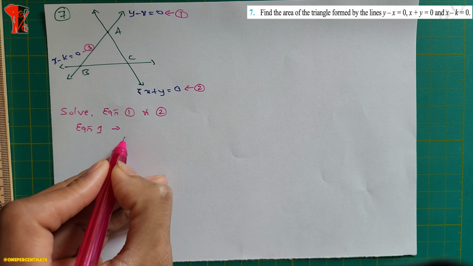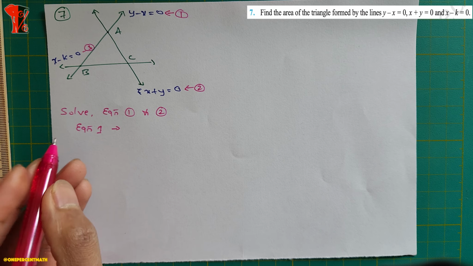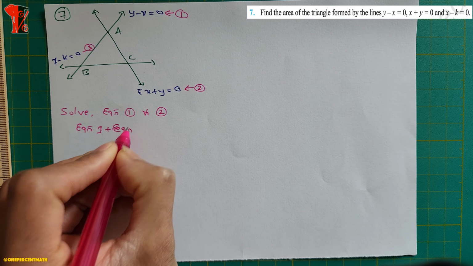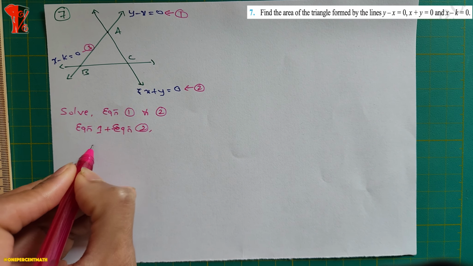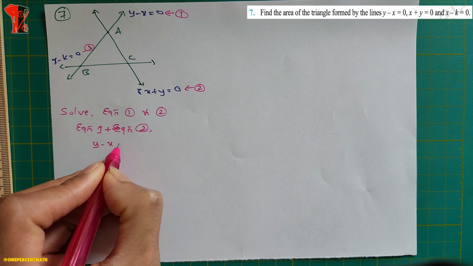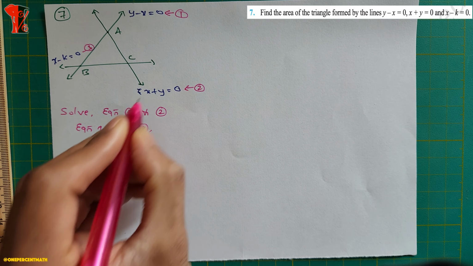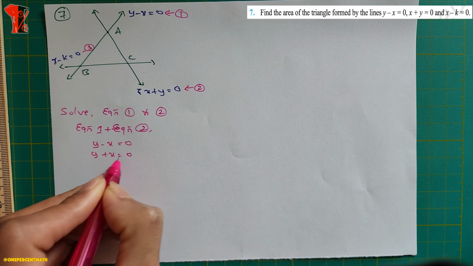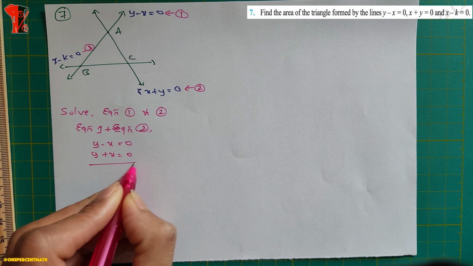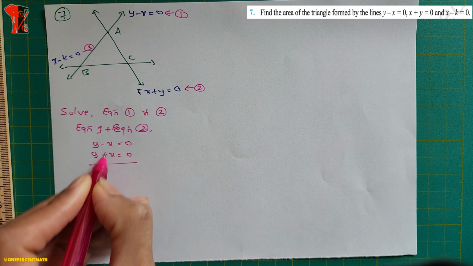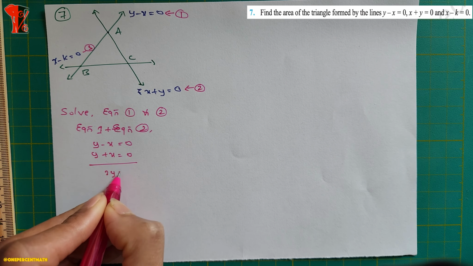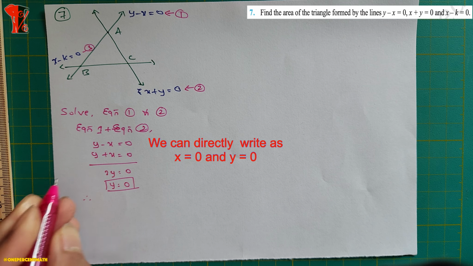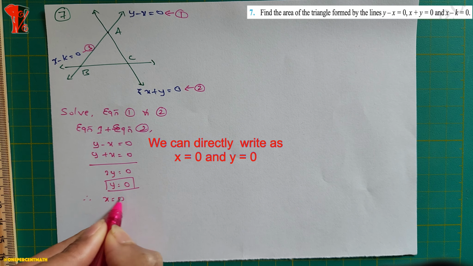So x is equal to y, or you can go with the elimination method. So equation 1 plus equation 2. If I do that, y minus x is equal to 0, and here we will rearrange and write y plus x is equal to 0. If I solve, x and x cancel, so 2y is equal to 0, so y is equal to 0. Since y is equal to 0, I can write even x is equal to 0, correct?